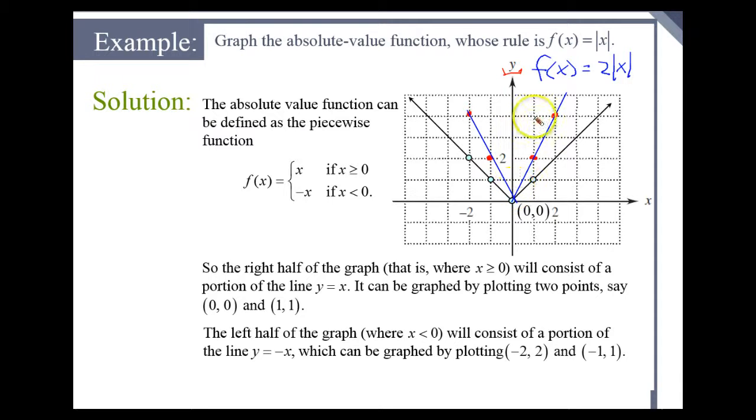Now, if it were a 3, it would come up even closer. And then a 4, even closer. And the lines get closer to it. So we're just anticipating a little bit of the kinds of things we're going to see when we have absolute value. Now, let's take a look at the domain of this as well.